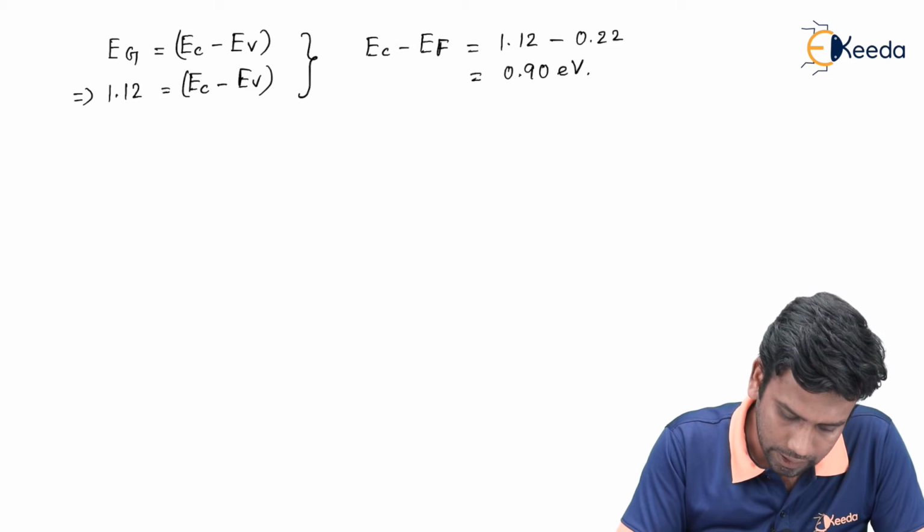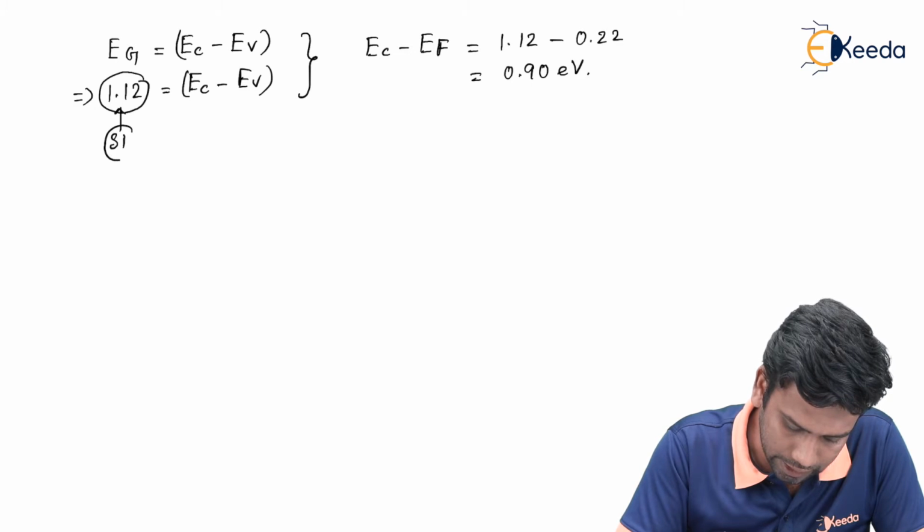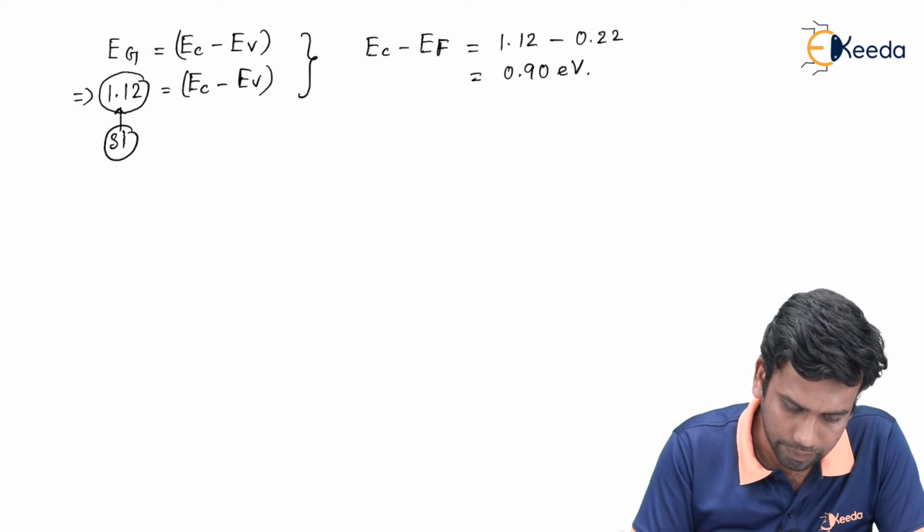Now this value of Eg is nothing but the band gap of the semiconductor, and the semiconductor given is silicon.